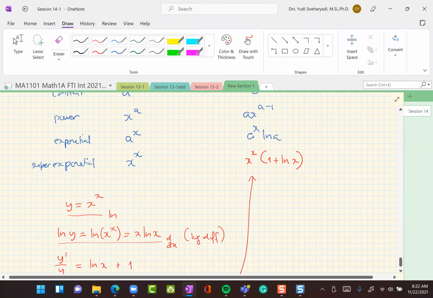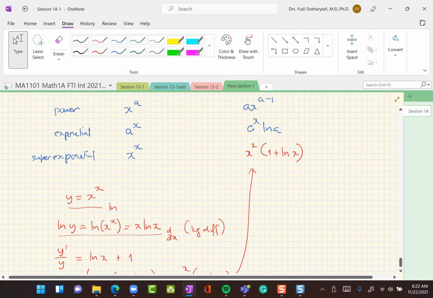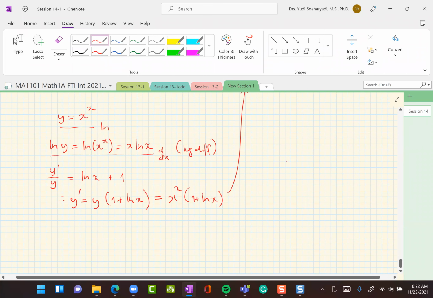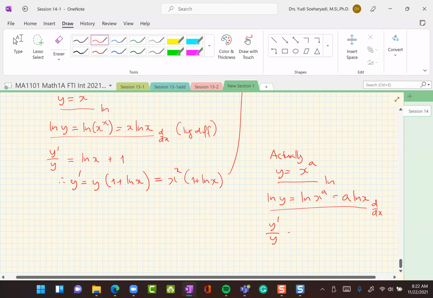Okay, so using log differentiation, actually you can derive this power rule here. So for power functions, if you apply ln, a factors out, and you take d/dx, so y prime over y equals a times ln of x, derivative is a over x.